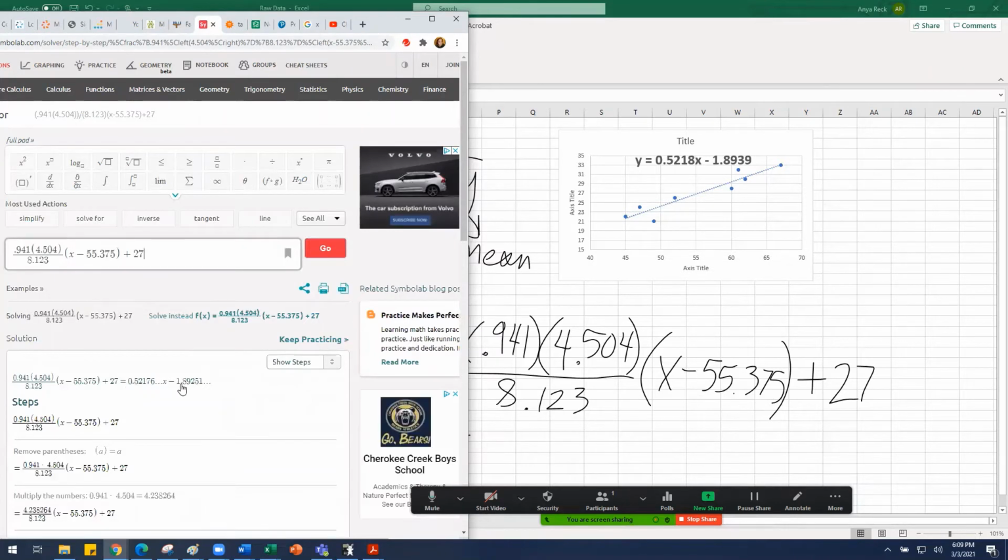And there you go. It has these dots because of rounding, but the numbers match.